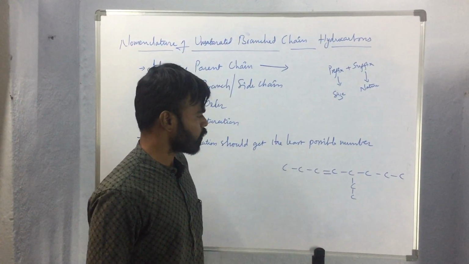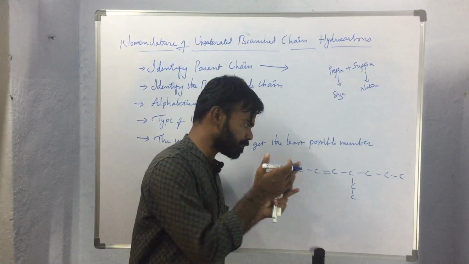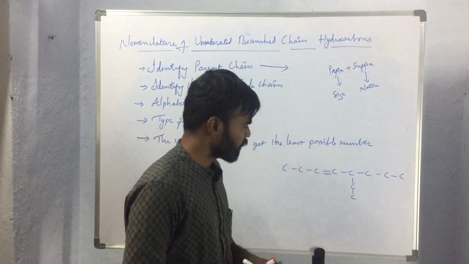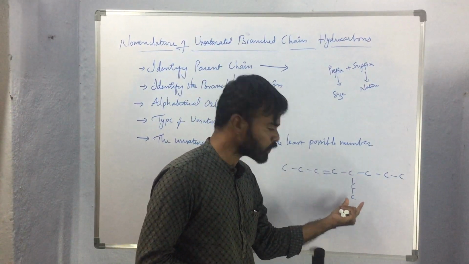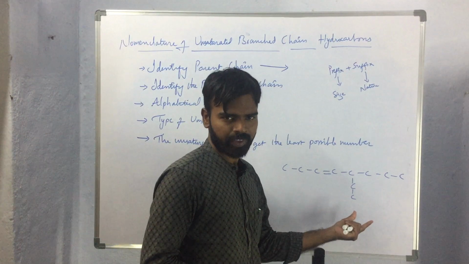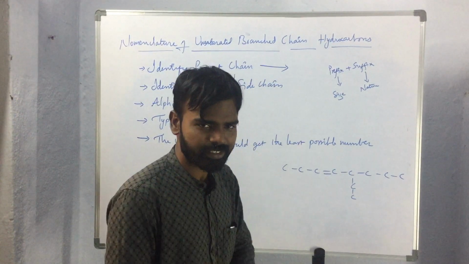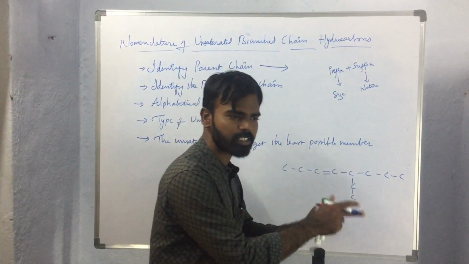We already discussed in case of branched chain saturated compounds that the carbon atom having the side chain or substituent should get the least possible number. And while naming unsaturated straight chain compounds, we discussed that the carbon atom having the unsaturation should get the least possible number.